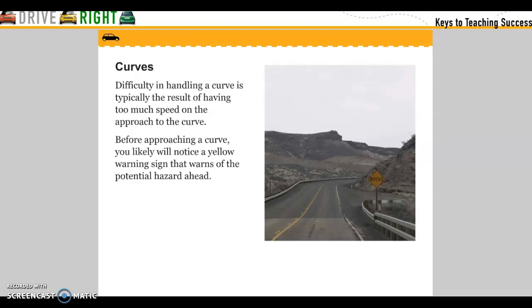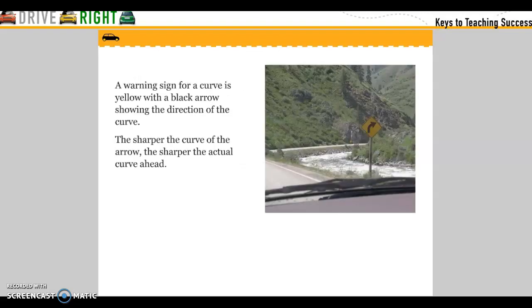Before approaching a curve, you likely will notice a yellow warning sign that warns of the potential hazard ahead. A warning sign for a curve is yellow with a black arrow showing the direction of the curve. The sharper the curve of the arrow, the sharper the actual curve ahead.